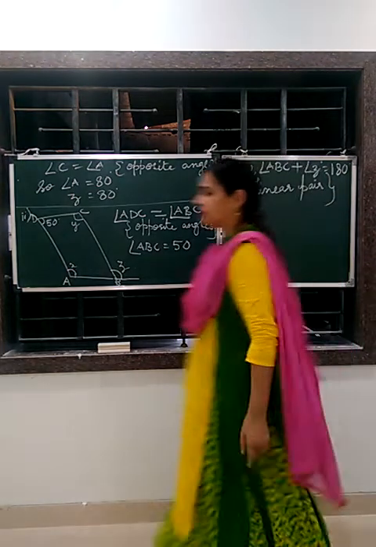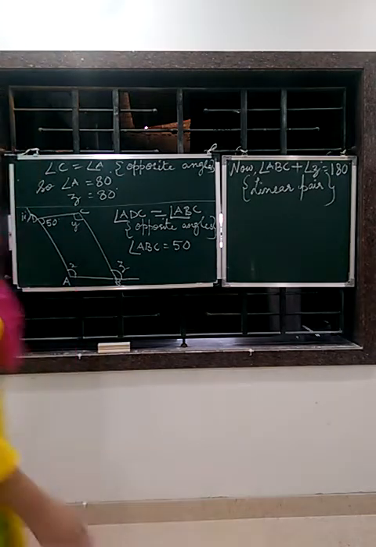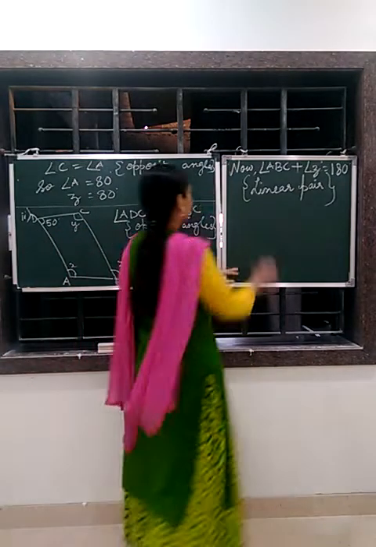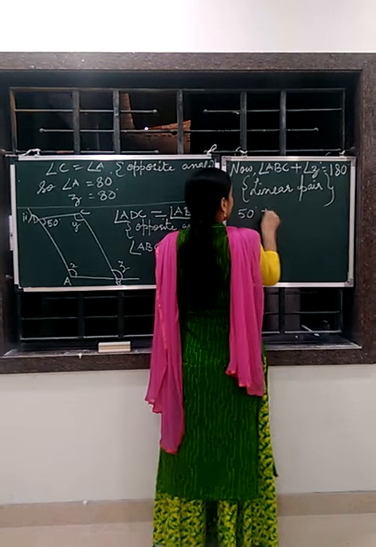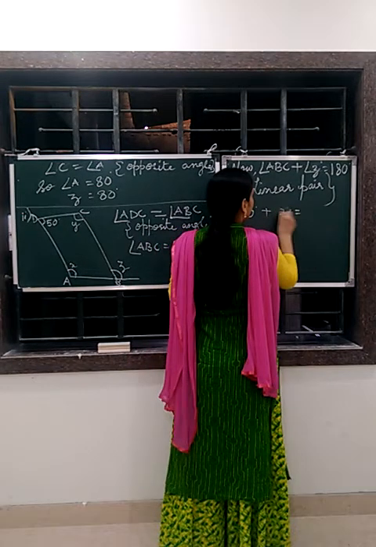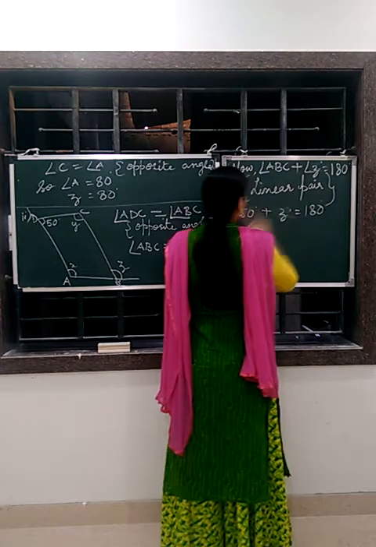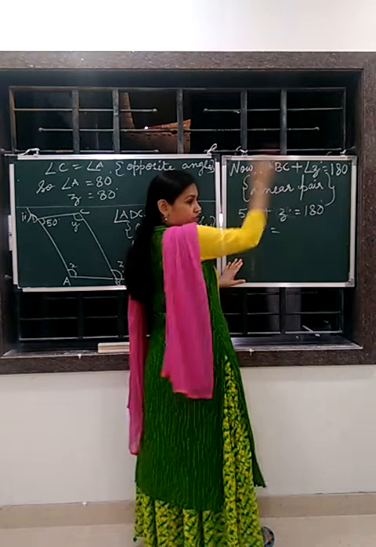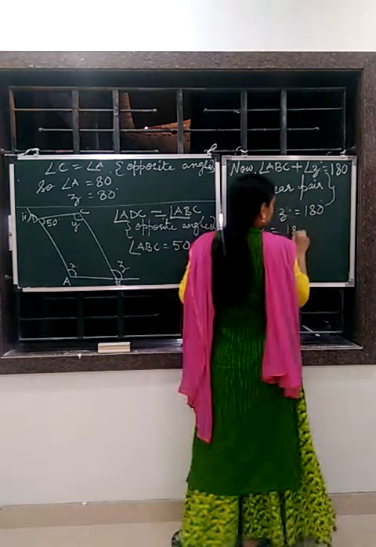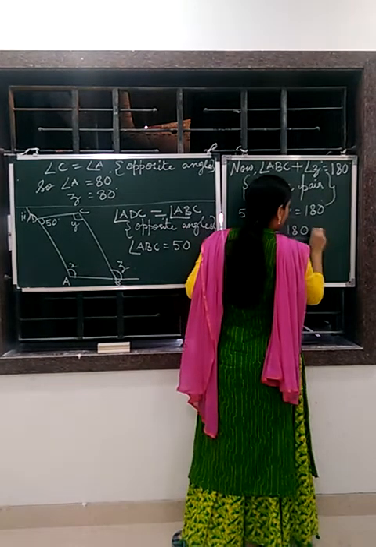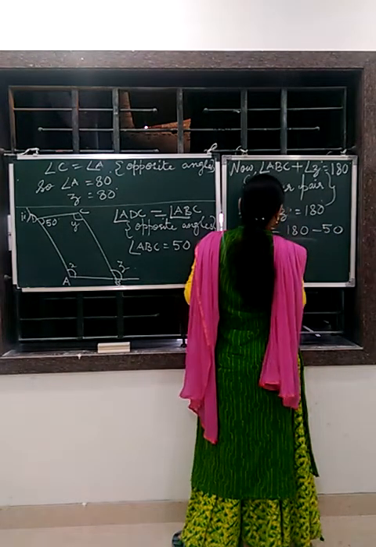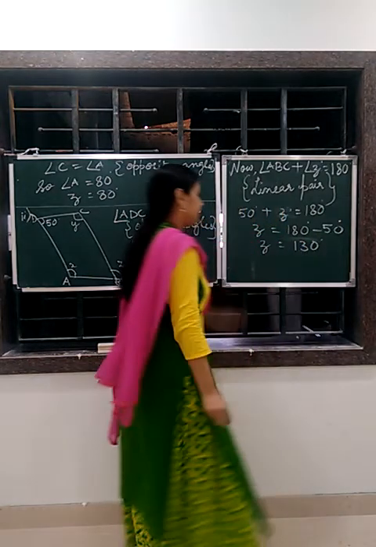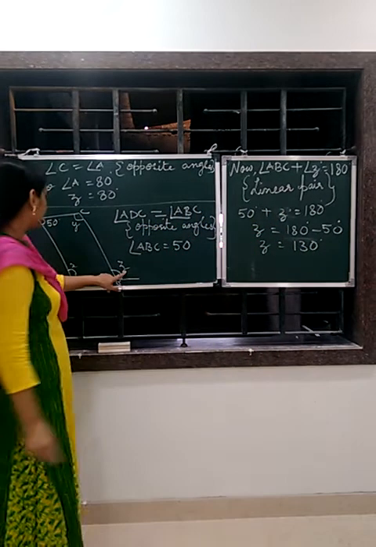They are linear pair angles, that is why their sum is 180 degrees. Now we put the value of ABC here. So it is 50 degrees plus Z is equal to 180 degrees. 50 will be shifted here, it is positive, transposing that side, it becomes negative. So 180 minus 50, so the value of Z is 130 degrees.